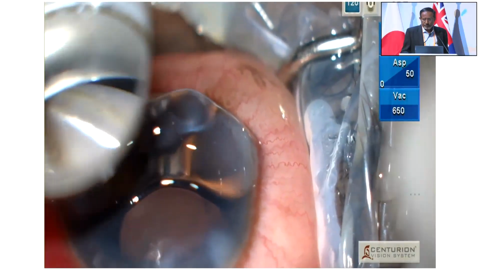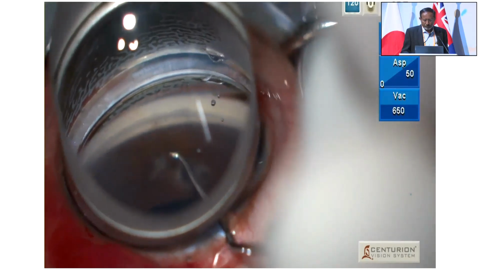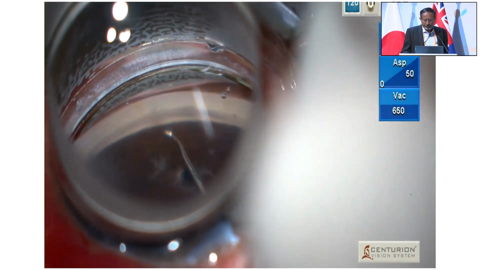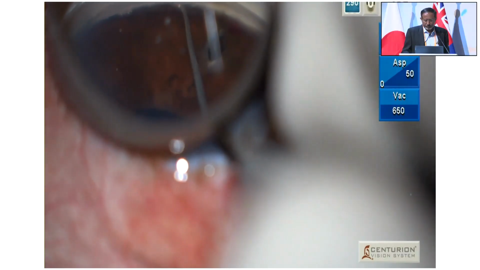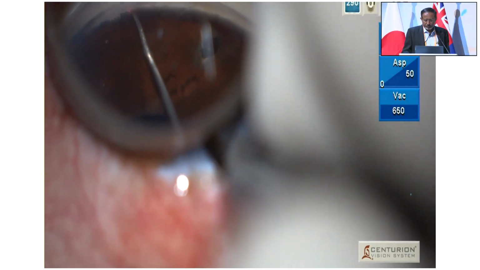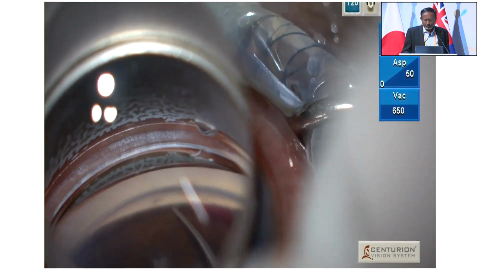After docking the gonio lens, the angle is visualized and goniosynechialysis is done. The peripheral anterior synechiae are released gently using the Tanito microhook. Then cleavage of the trabecular meshwork is done using the Tanito microhook. Trabeculotomy is done in other quadrants as well.